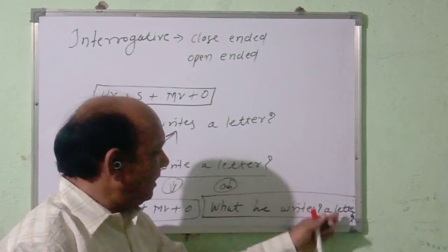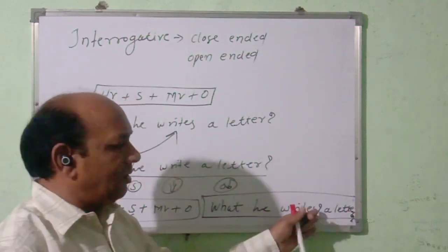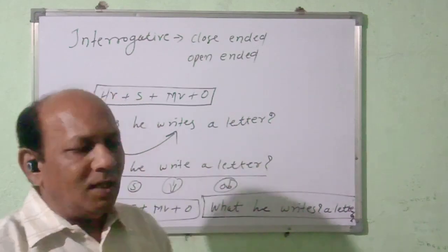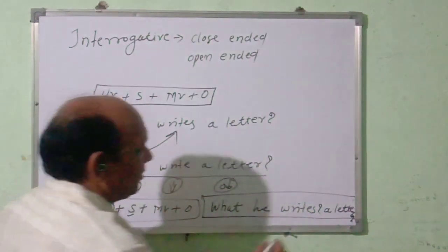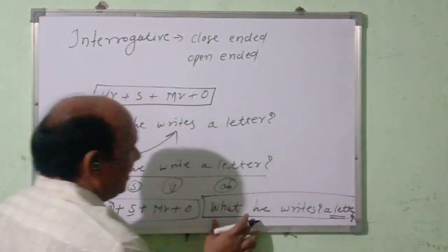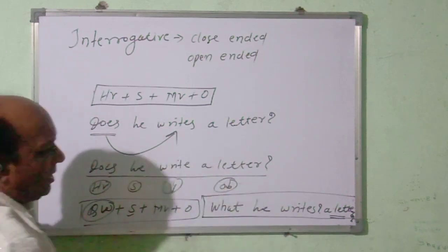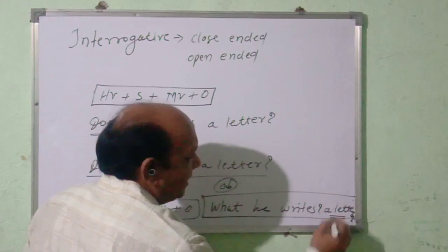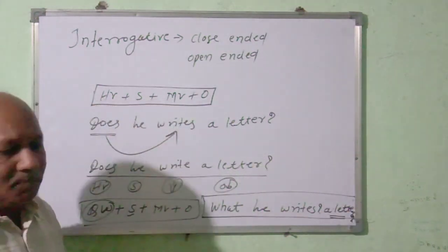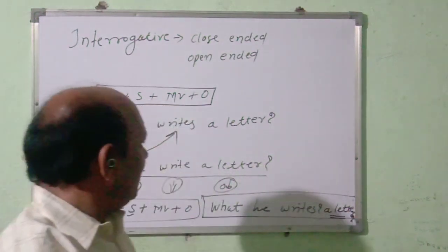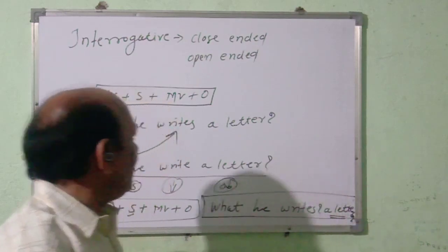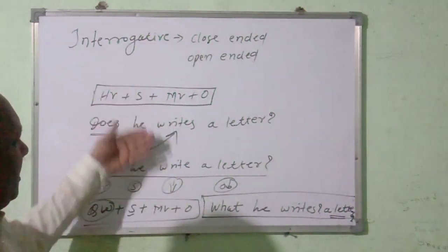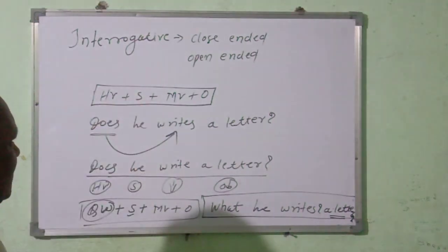So when you are adding the object of the sentence, that is a surplus. There is no need to add the object of the sentence when you are asking the open-ended question. What he writes is the question, and a letter is the answer to the question. Such types of open-ended and close-ended questions you have to create with the help of both sentence structures.